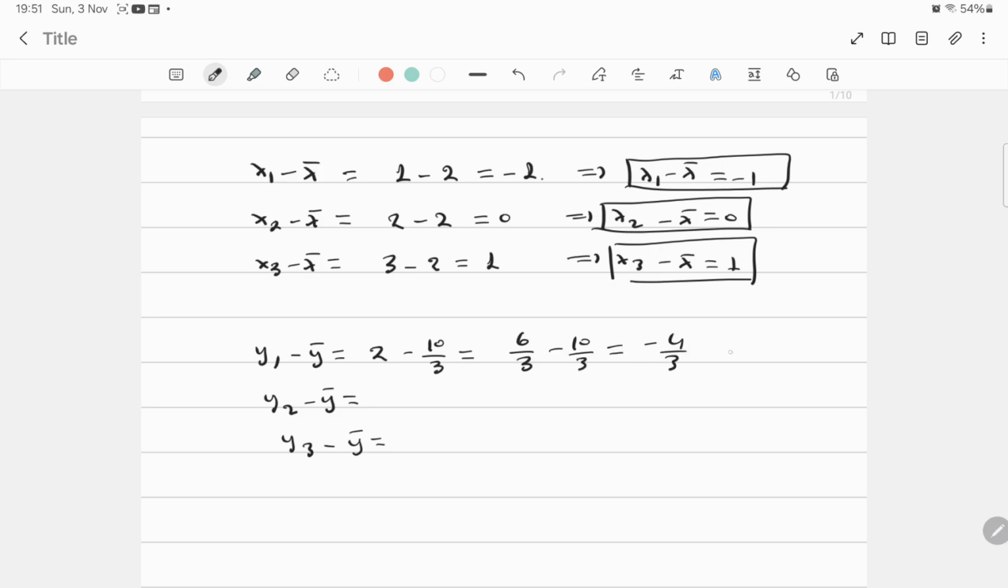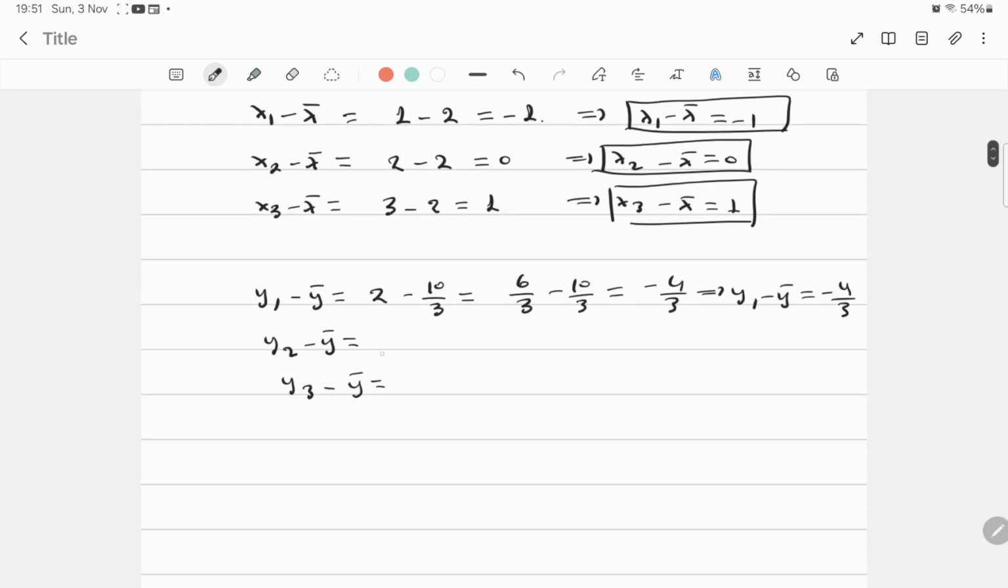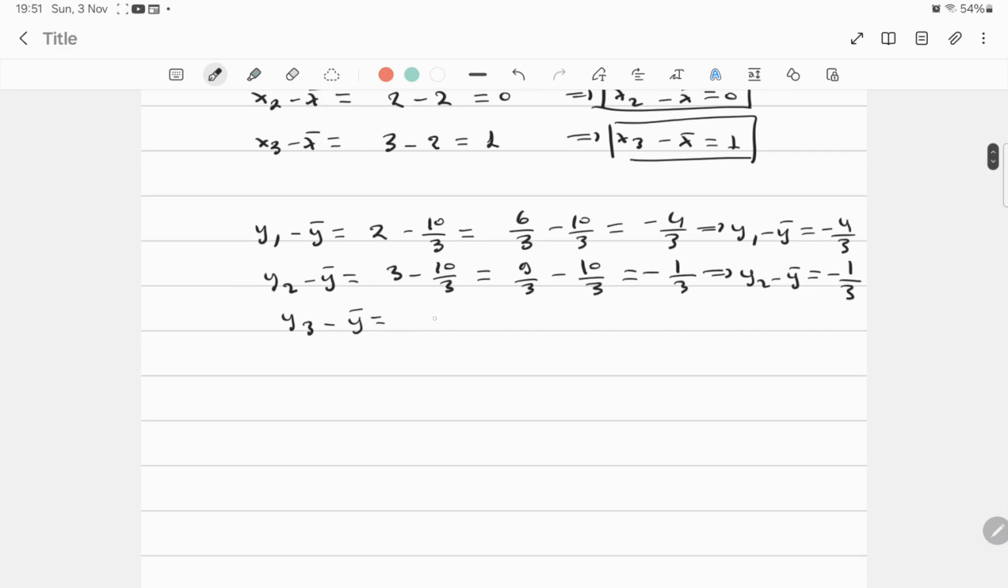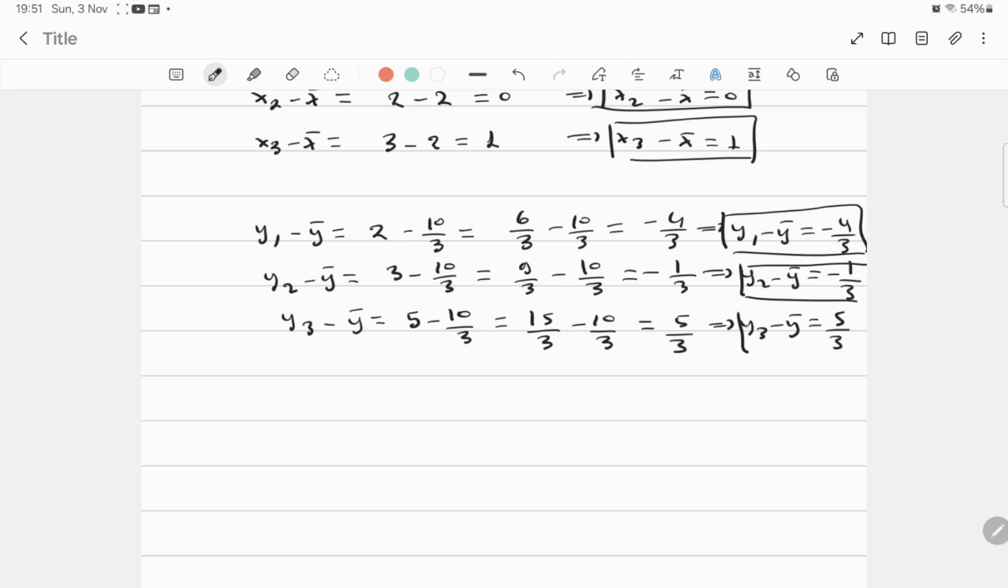That's minus 4 over 3. y1 minus y bar is minus 4 over 3. 3 minus 10 over 3, 9 over 3 minus 10 over 3 is minus 1 over 3. y2 minus y bar is minus 1 over 3. 5 minus 10 over 3 equals 15 over 3 minus 10 over 3. That's 5 over 3. y3 minus y bar equals 5 over 3. Okay, I have these values here.